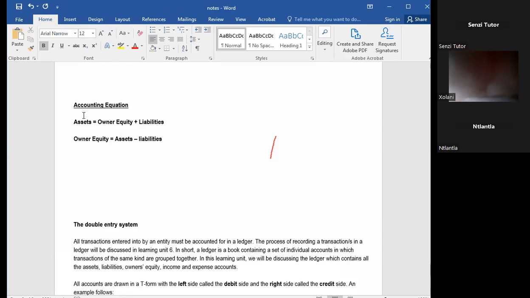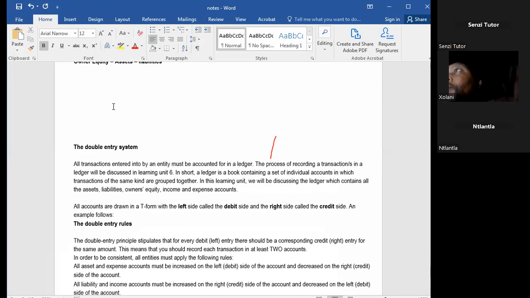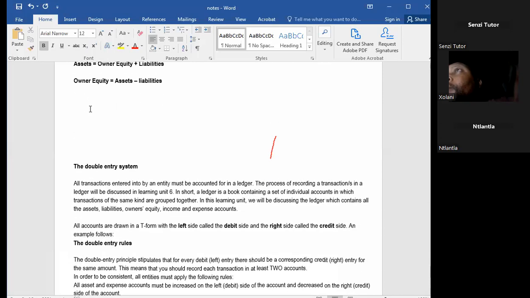Because if we calculate using the same amounts, we're going to get the correct answer, the same answer, even if we use this. So we must know that assets are bigger than liabilities and also bigger than what? Owner's equity. That's why we take owner's equity plus liabilities, and then we get assets.